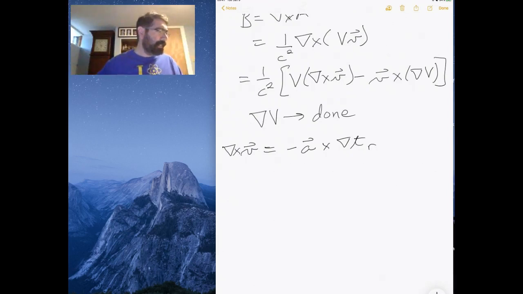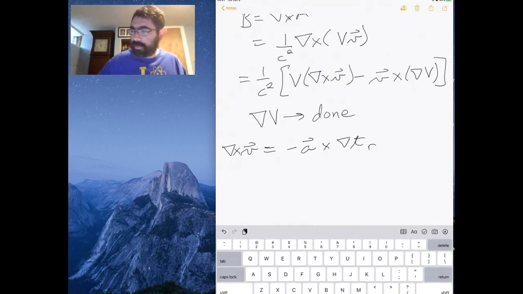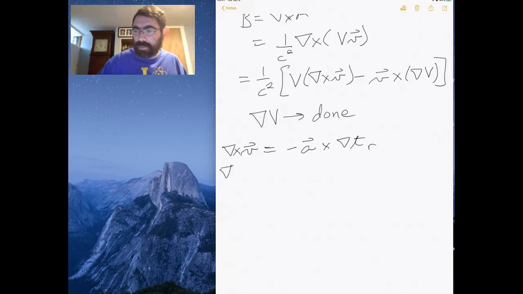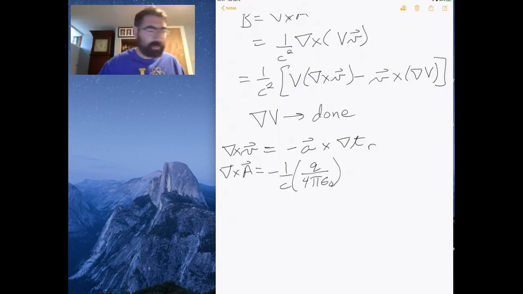And so in the end, what I get is the curl of A is minus 1 over c, q over 4 pi epsilon naught, 1 over (r dot u) cubed.